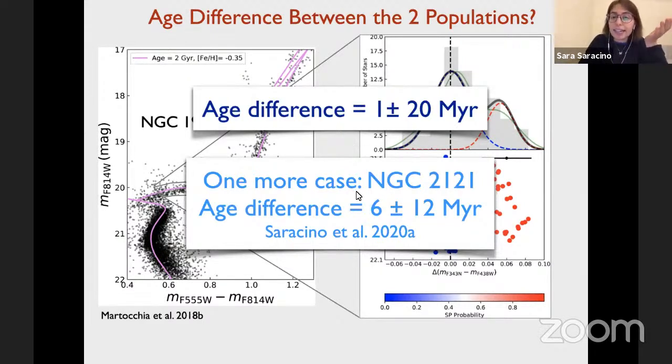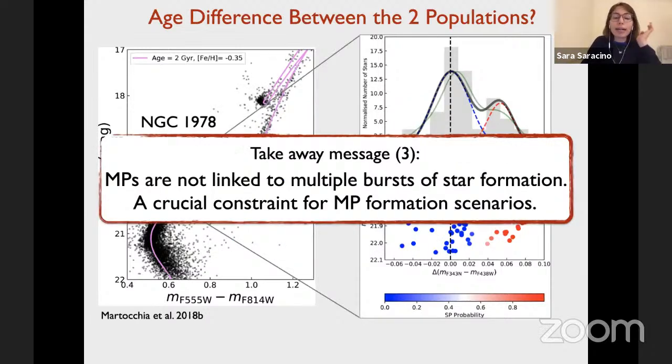And since these are coeval, you can say that multiple populations are not linked to multiple bursts of star formation, because all these scenarios that account for a 30 megayear or more age difference, time difference between the two populations, are disproved by these kinds of observations. And this is a crucial constraint for all the multiple population formation scenarios.